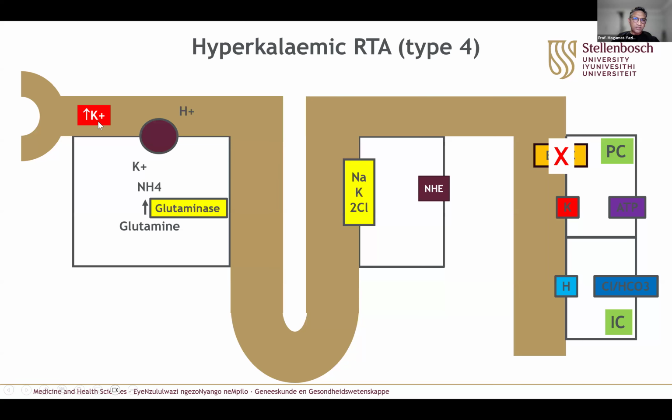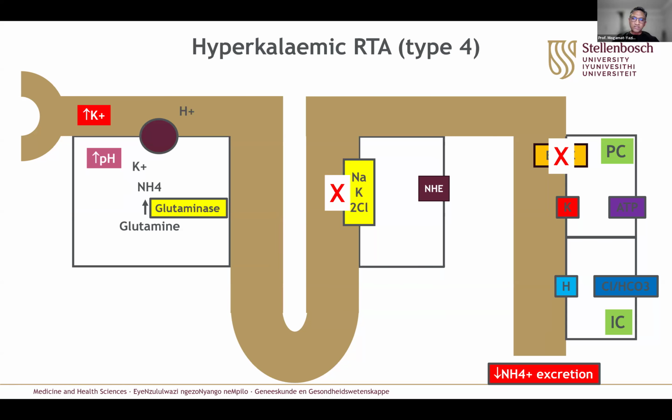And because of the higher potassium in exchange for hydrogen, the hydrogen ion concentration inside the cell, the proximal tubular cells, decreases, which results in an alkalosis developing inside proximal tubular cells. And this alkalosis inhibits the glutaminase enzyme, and therefore there's reduced conversion of glutamine into ammonium, and therefore reduced ammonium excretion.